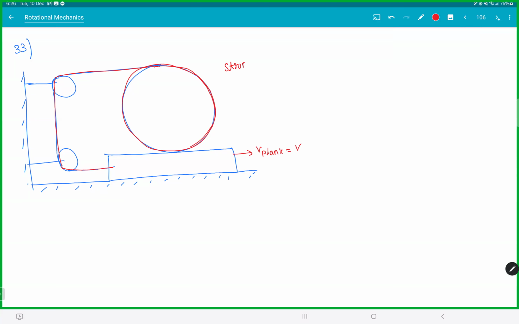And that string is taken back and connected to the plank below it like this. Find the velocity and omega of the cylinder. There is no slipping between the cylinder and the plank.